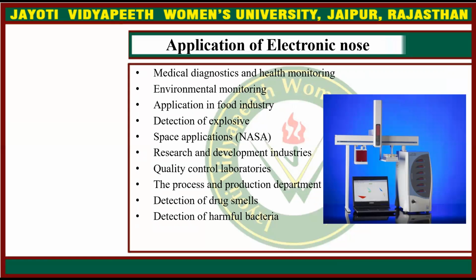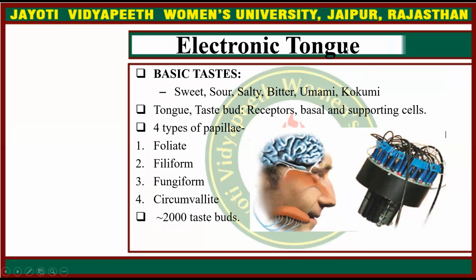Then applications of the electronic nose: medical diagnostics and health monitoring, environmental monitoring, food industry, detection of explosives, space analysis applications for NASA, research and development industries, quality control laboratories, process and production departments, detection of drug smells, and detection of harmful bacteria.